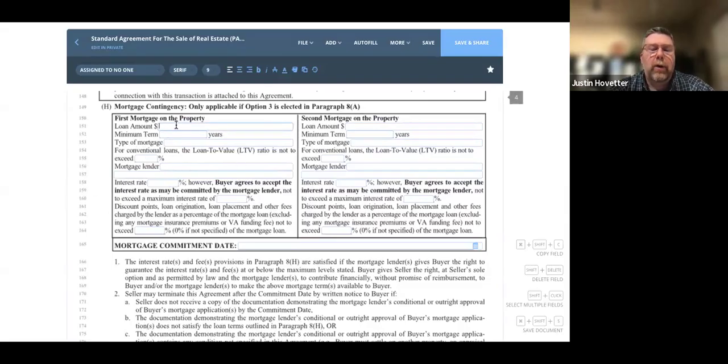If you put in a loan value of 200,000, minimum term of 30 years with a conventional mortgage, and your loan to value ratio is not to exceed 80, what are you trying to accomplish?